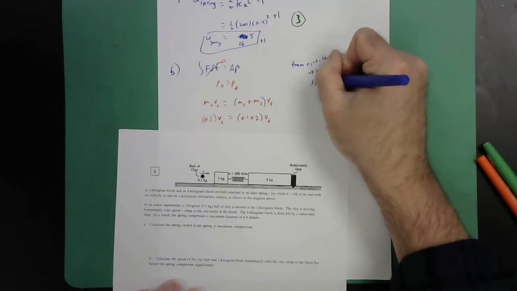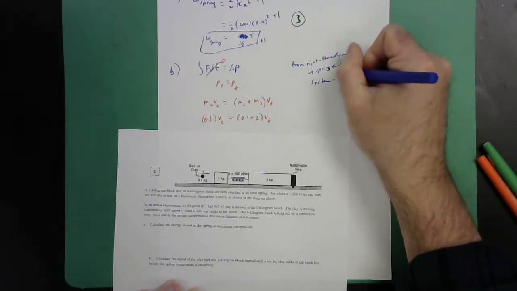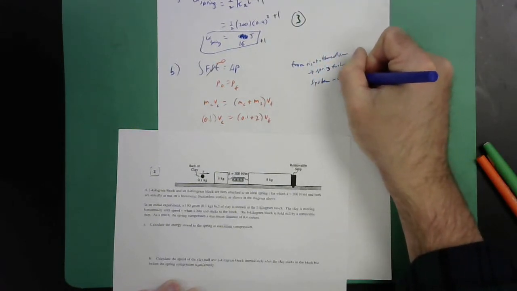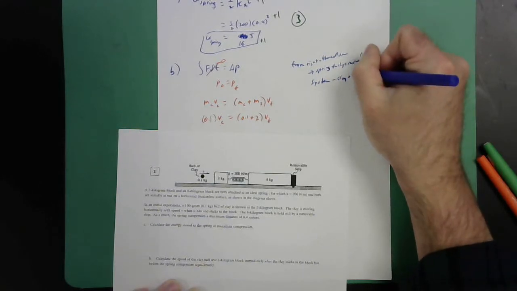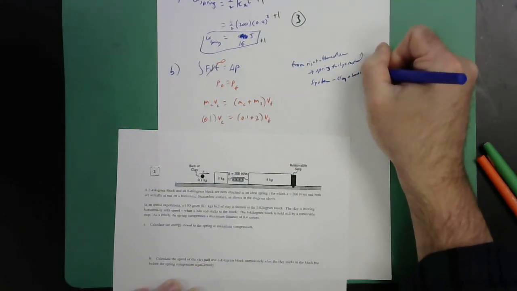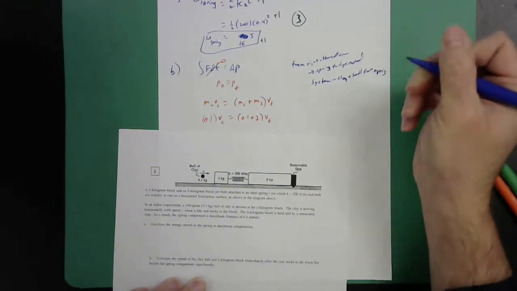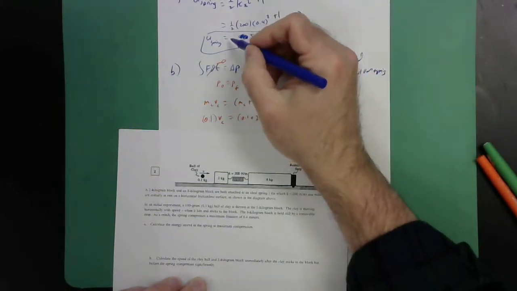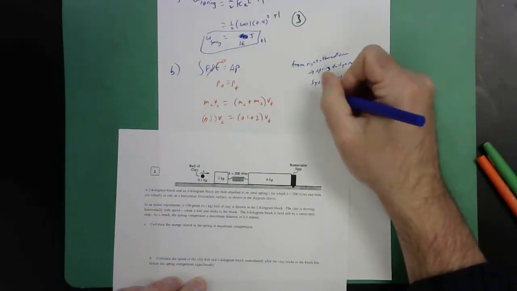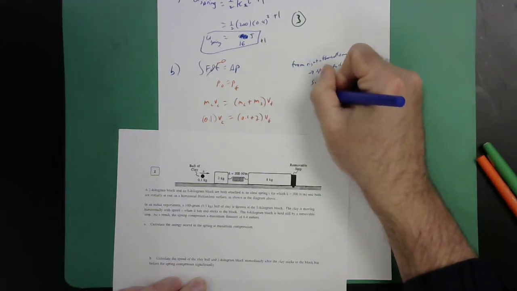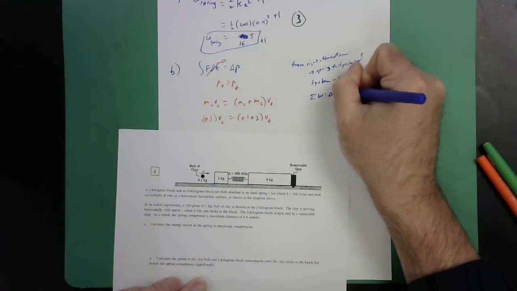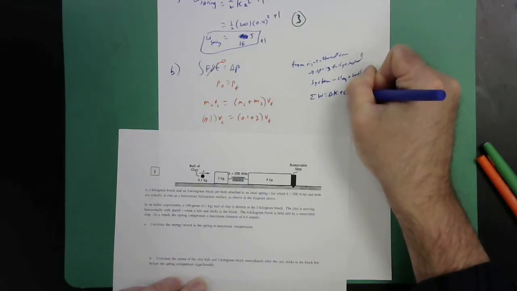I'm going to make my system be the clay and the small block and the spring. I'm going to throw the spring in right away. I know I'm going to want to do that because look, I have U spring there. So if I do that, I'm going to have sigma W is delta K plus delta U spring.